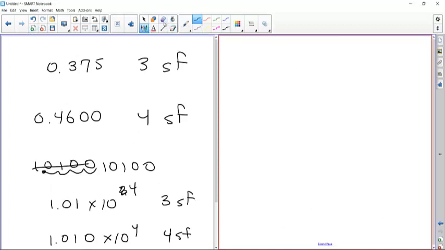Okay, let's see if we've got any other ones we could do here. 4.65 times 10 to the ninth, which would be 465 followed by zeros. Let's see, 1, 2, 3, 4, 5, 6, 7, 8.